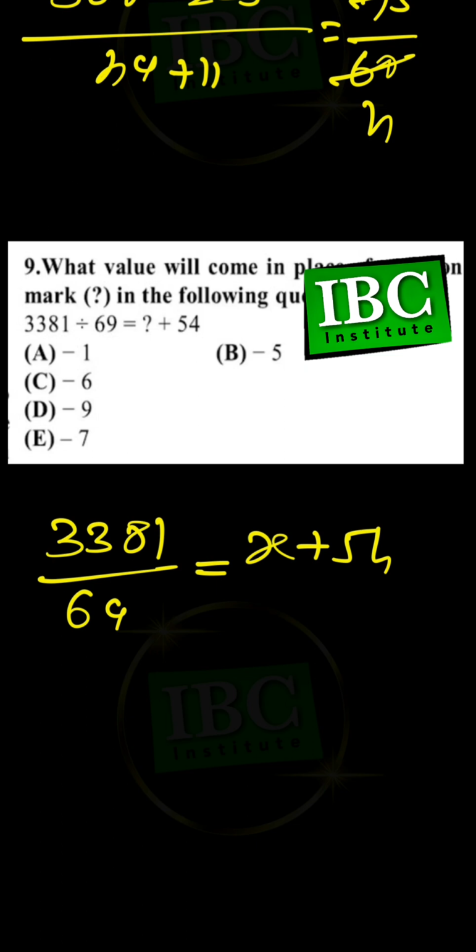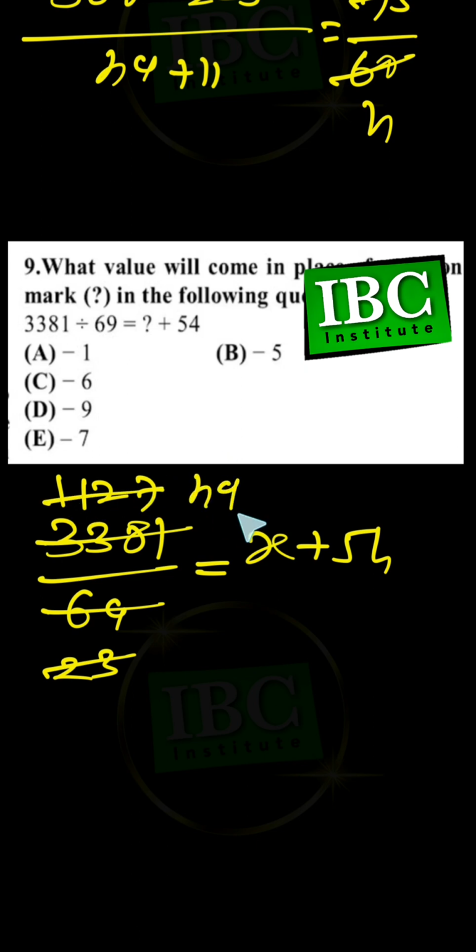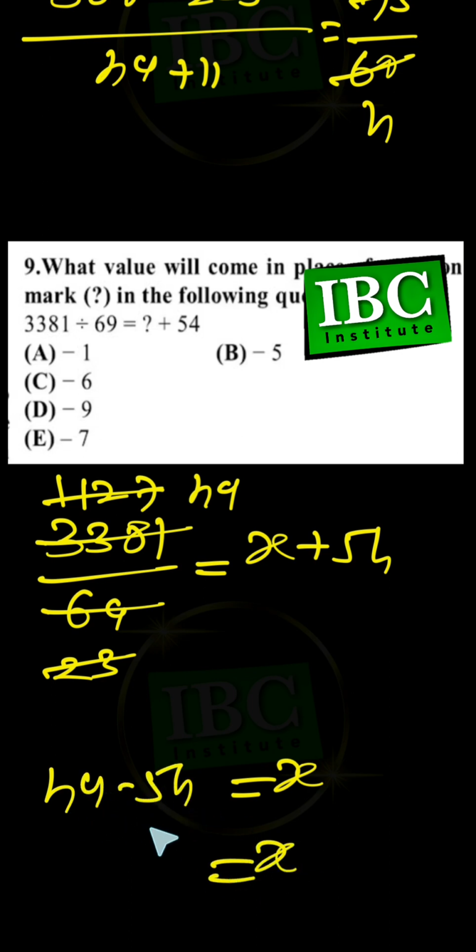We first divide it by 3. 3 2s are 6, 3 3s are 9, 3 1s are 3, and so on, and we get 23, and I confirm that it is 49. So it is 49, and we have to find the value of x, so it becomes 49 minus 54. So x is equal to minus 5. Your answer must be minus 5, option B.